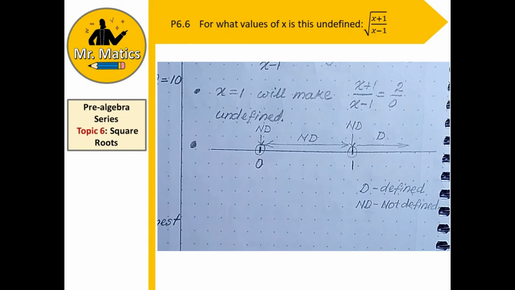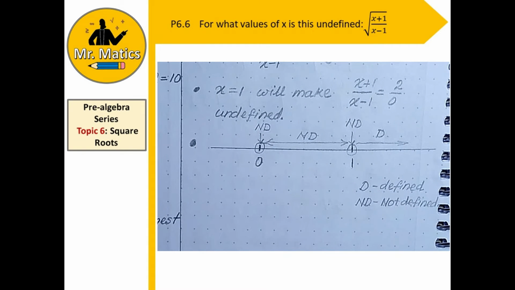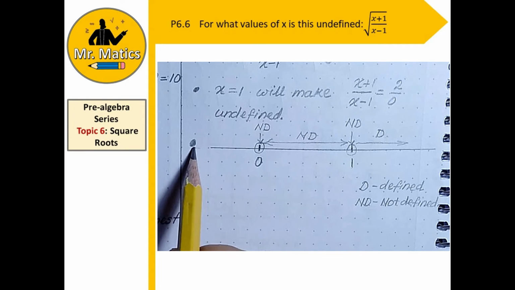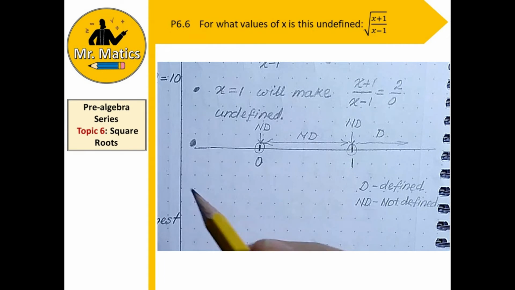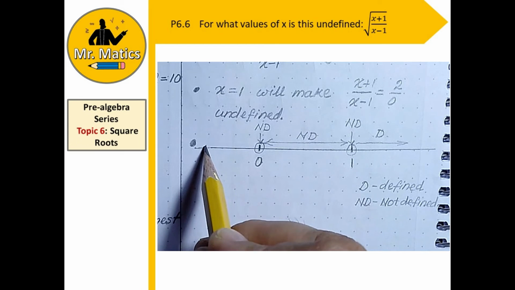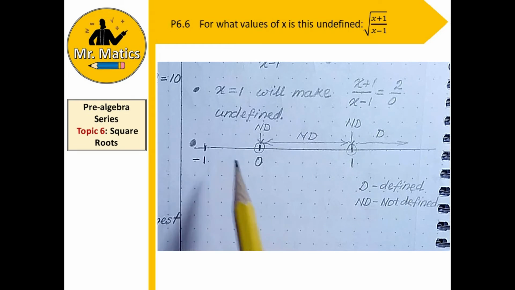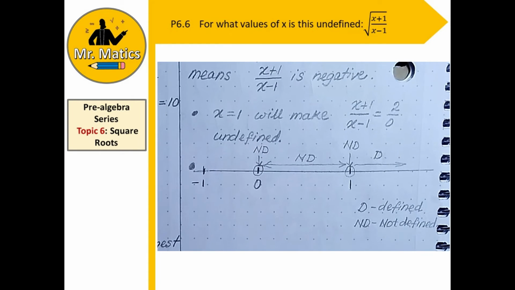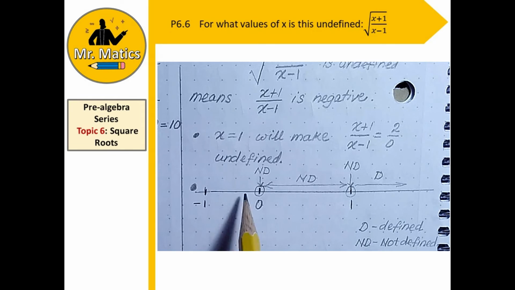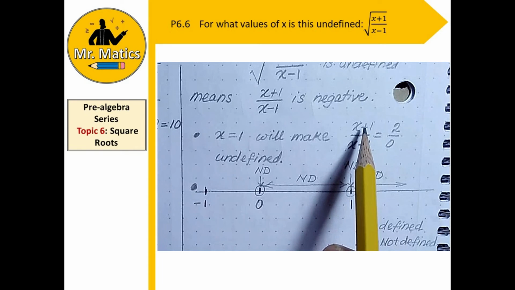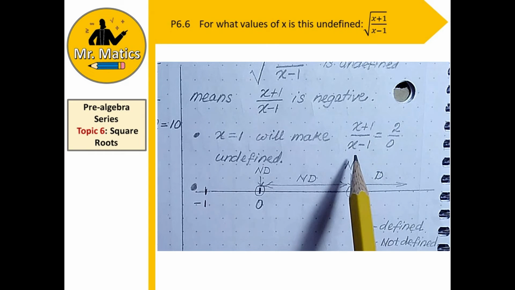Okay. Now what happens when we are here? I have to squeeze in the negative one here. So when it is between 0 and negative 1, let's say I take minus 0.2. Minus 0.2 will make the numerator 0.8, and the denominator will become minus 1.2.